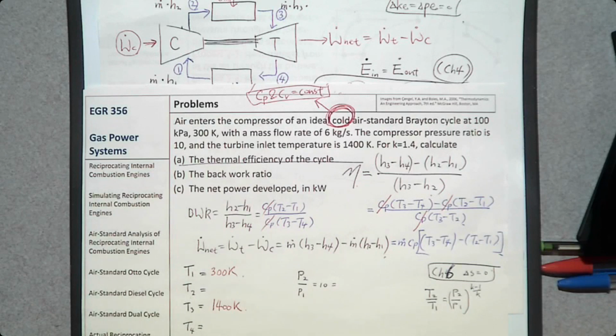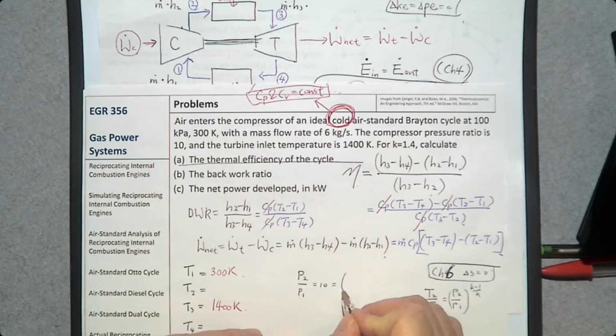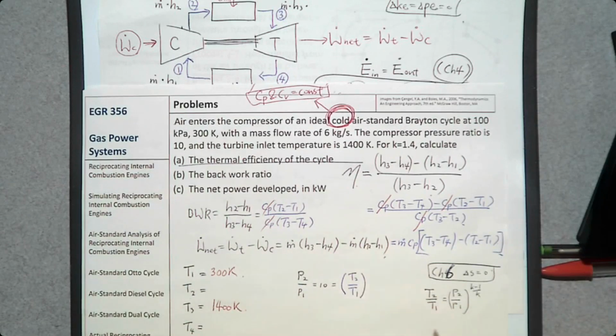So let's do that. P2 over P1 is (T2 over T1) to the power kappa over (kappa minus 1), right? The other way around.